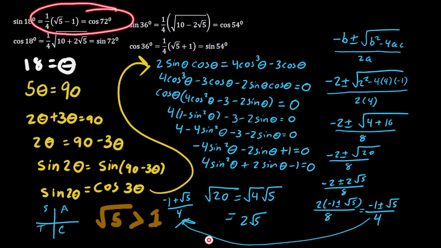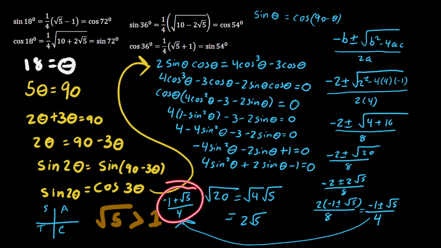Also, this is cos 72 because sine theta is equal to cos of 90 minus theta. We all know that, right? So cos 90 minus 18 is cos 72. So sine 18 is equal to this, which is also equal to cos 72. All right?